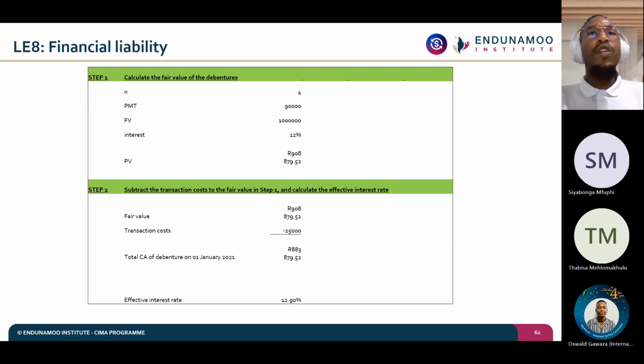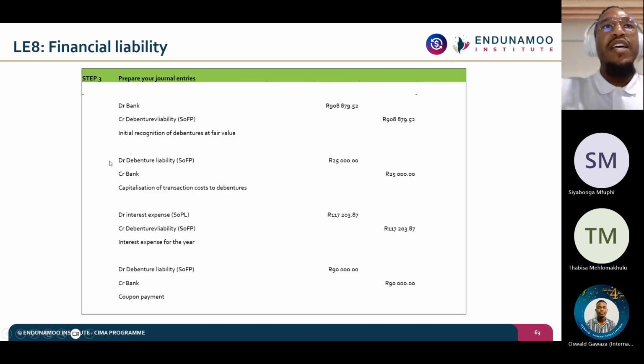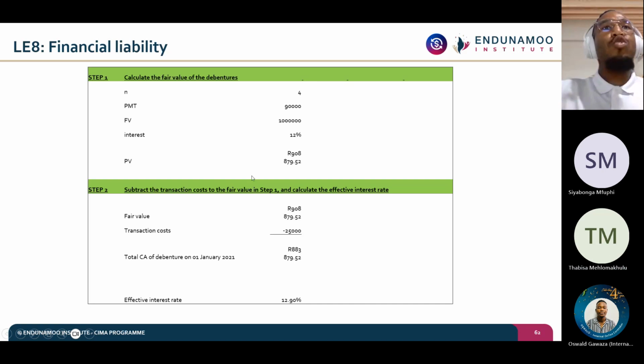All that we were going to do, if this was at fair value through P&L, this journal entry here wouldn't touch our debenture liability. We would just debit transaction cost in P&L, credit the bank account, which means that the 12% interest here would be the effective interest rate. Oh, okay.